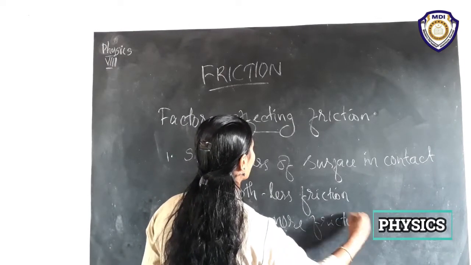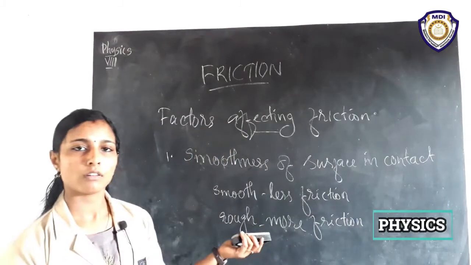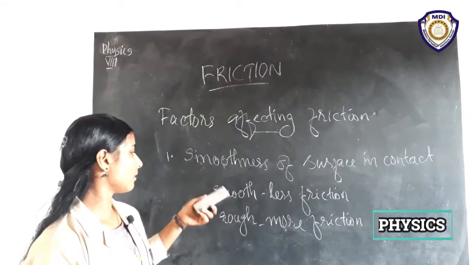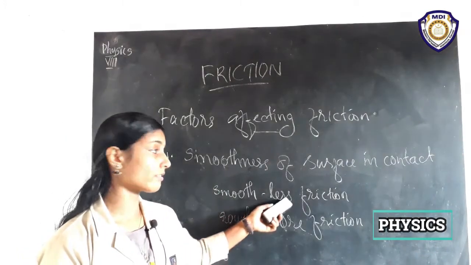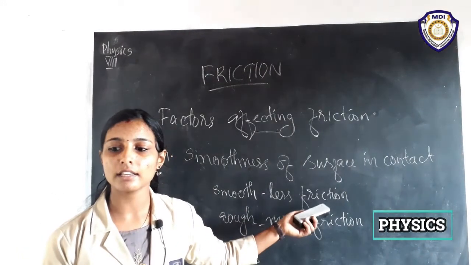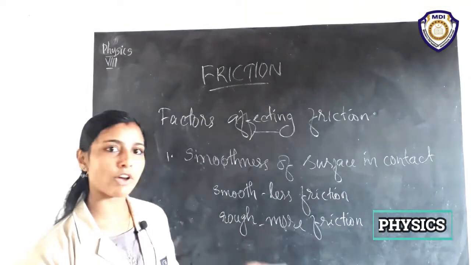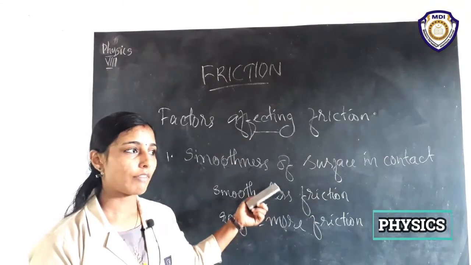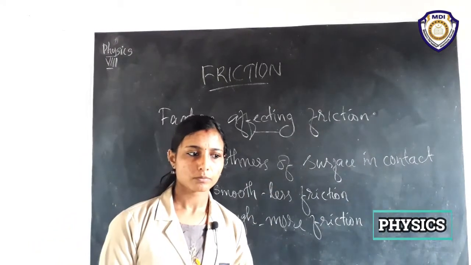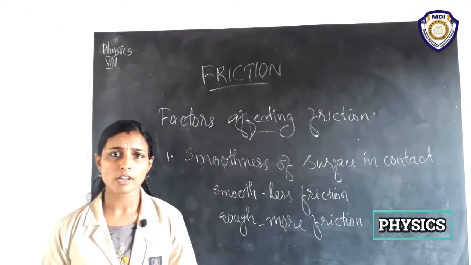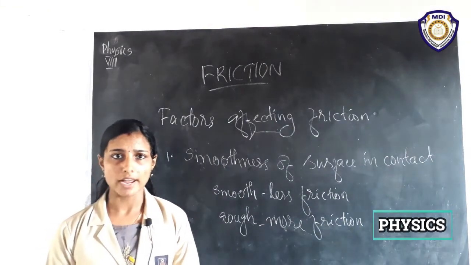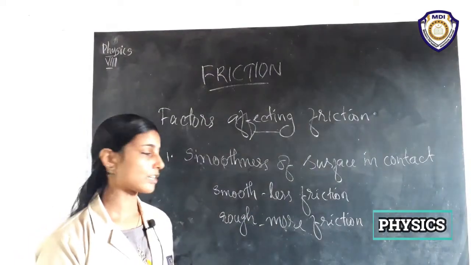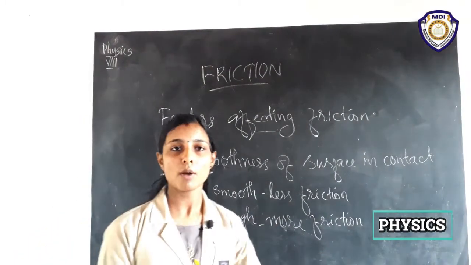These are all things you already know, right? Smooth surfaces have less friction, and we cannot walk on extremely smooth surfaces, or when some oil or water is spread on the floor, we will slip and fall, right? So a smooth surface gives less friction and a rough surface gives more friction.